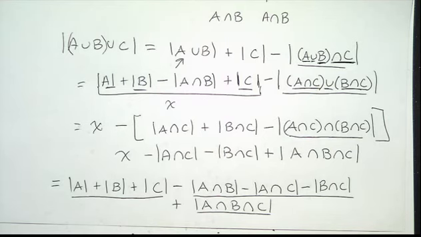Intersections. Now this is useful because it's usually pretty easy to figure out what's in an intersection. So, like, if I tell you, here's a person who has blonde hair and blue eyes, it's easy to count the people who have that.